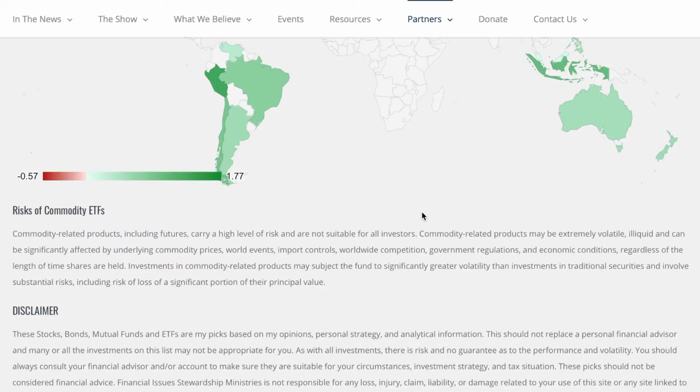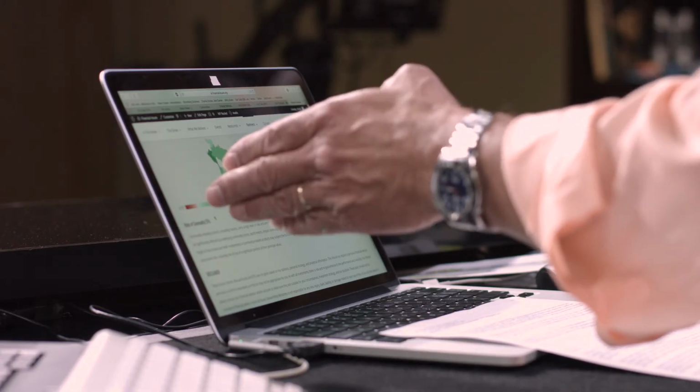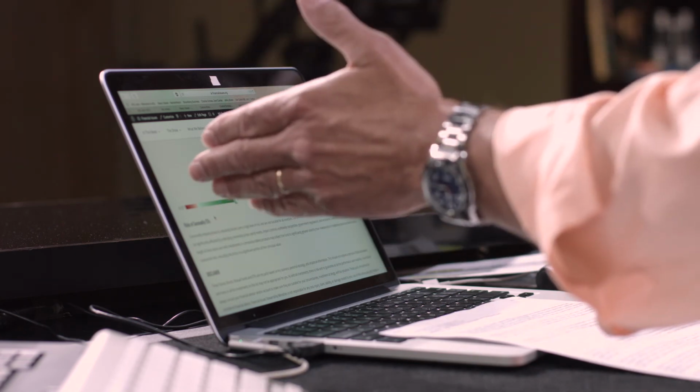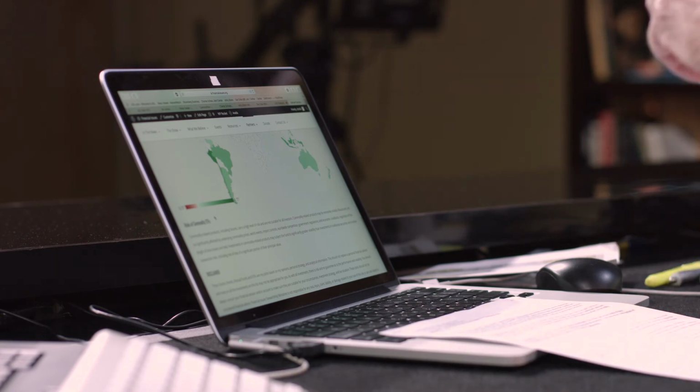But see this little bar here? That tells you that the breadth in the market right now is very positive. A lot more green than there is red. It's a negative 0.57, but a positive 1.77. Breadth meaning how many shares are being traded globally, and that gives you a little idea of what it is. So that's our heat map.